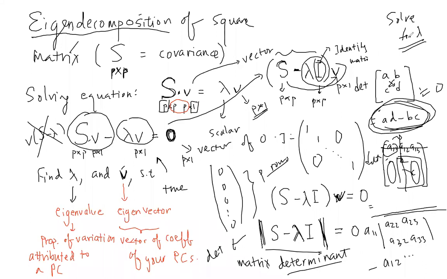Just note one thing. So you find lambda, then after you find lambda, then V will be known. But note, V is not unique.